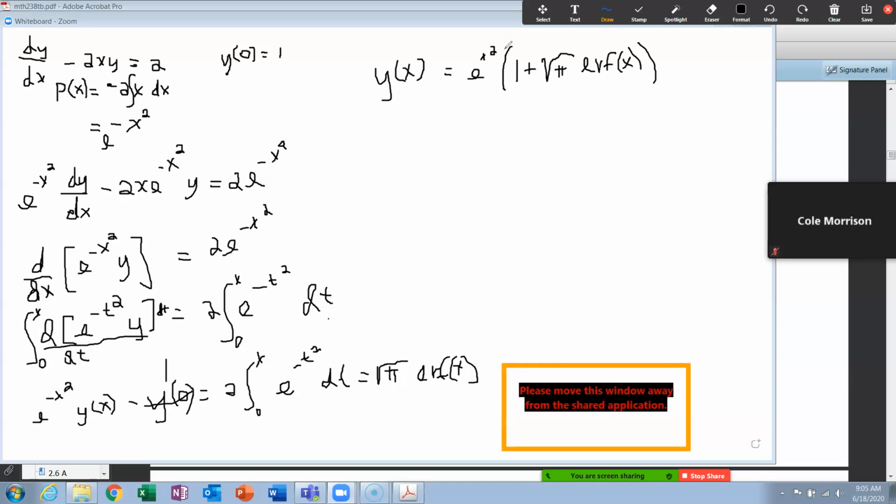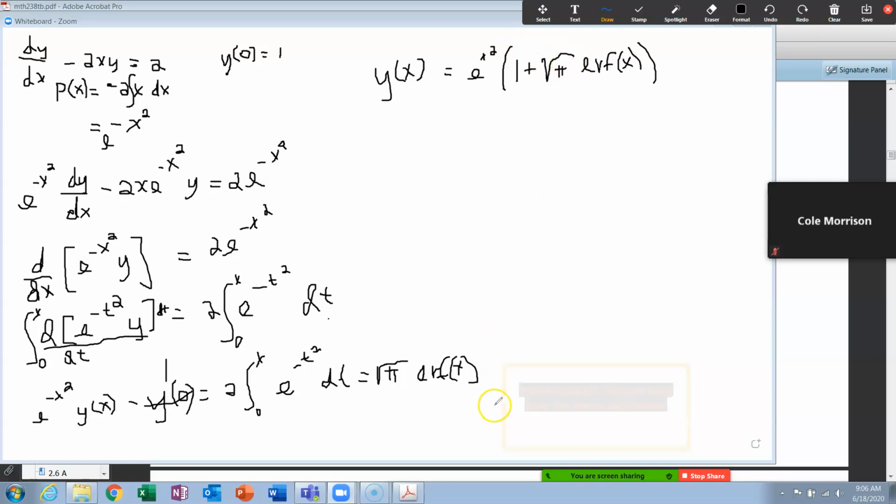Yeah, y is equal to e to the x squared times, and they put a bracket there, which I should have, 1 plus root pi error function of x. That's it. Okay. Now, they show the graph of this. Oh, I was going to show you in my book.